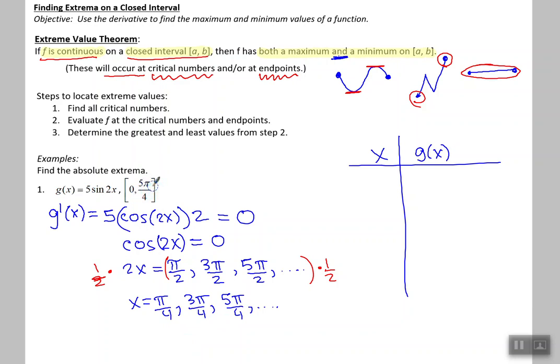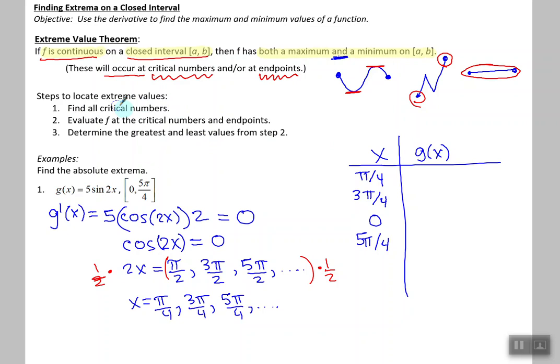So our critical numbers are pi over 4, 3 pi over 4. 5 pi over 4 is also an endpoint, so let's list both of the endpoints, 0 and 5 pi over 4. And we plug them into the original function to see the greatest and least values of the function.